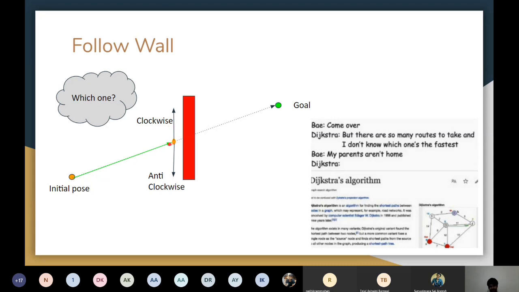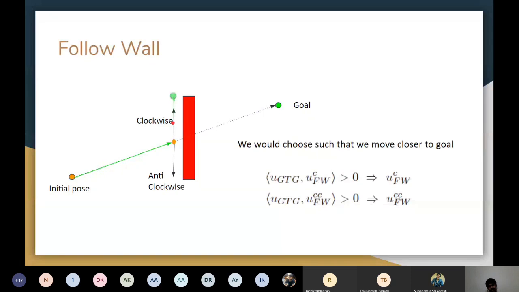An angle more than 90 degrees is taking me away from the goal. Otherwise, an angle less than 90 degrees is taking me towards the goal. So we'll go in the direction that takes us closer to the goal. That is the clockwise direction.